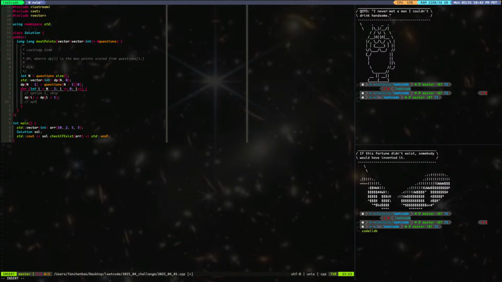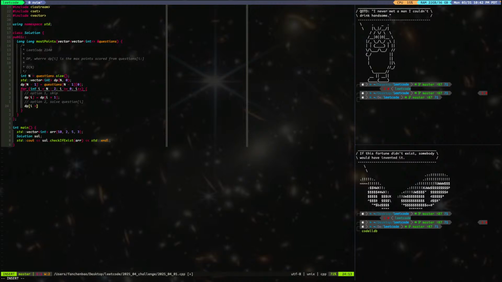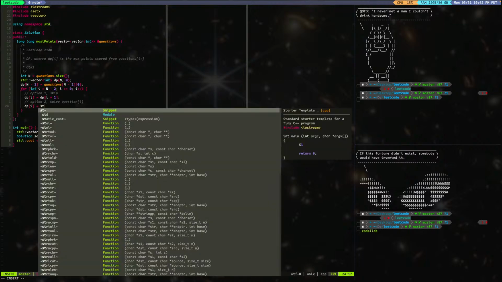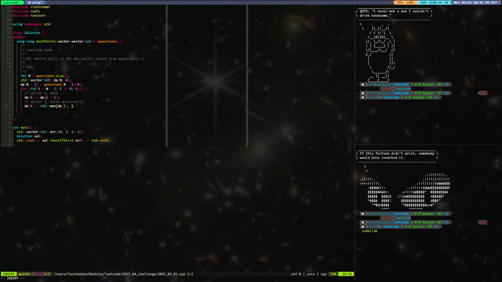Option 2, solve question i, right? So now we say dp[i] shall equal std::max of dp[i]. So now we solve it. So that's going to be questions[i][0] plus something.